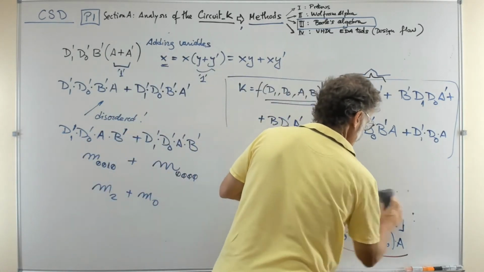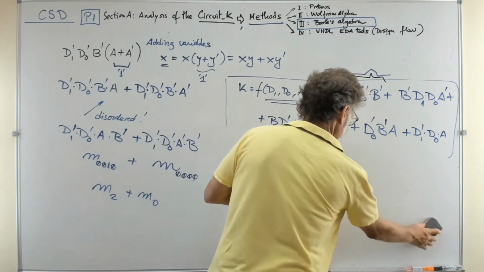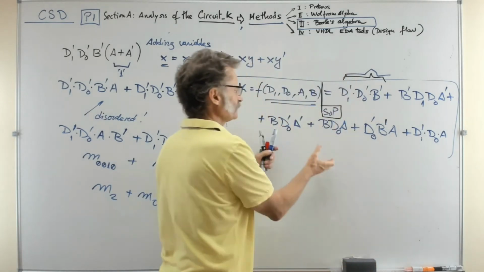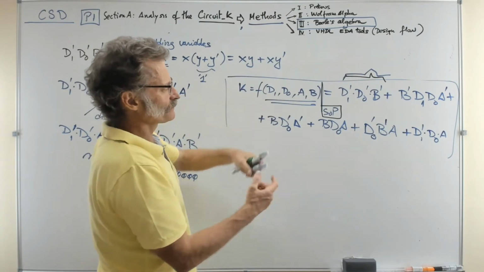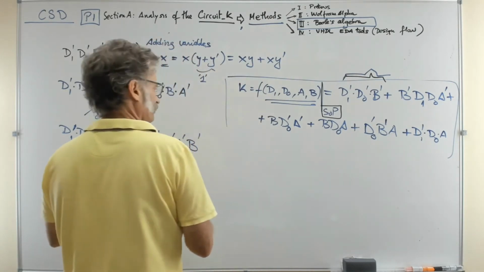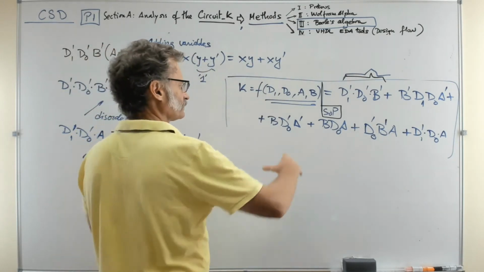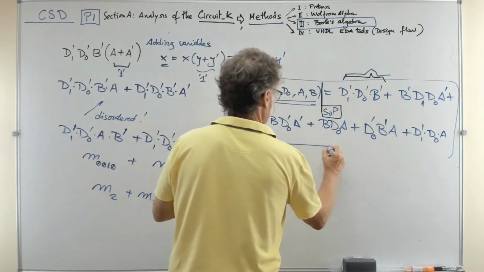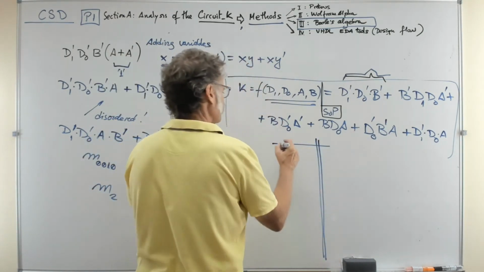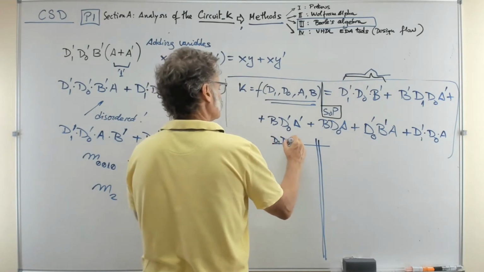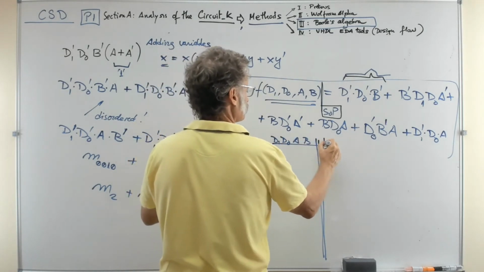But what you've got now is a sum of products. Remember to check that with other colleagues or with other methods, because you may make mistakes all the time here. So now is when you have to handle the truth table from D1, D0, A and B, and the output.